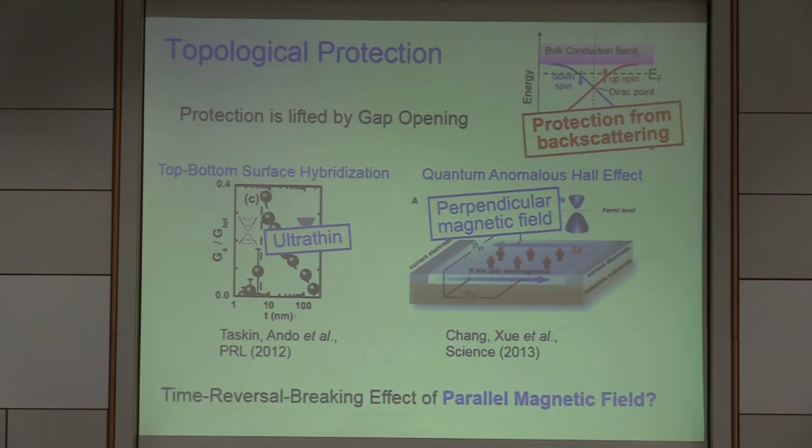So far, it has not been so well understood what the effect of the parallel magnetic field is, about its time reversal breaking effect. A parallel magnetic field naturally breaks time reversal symmetry, but to first order, its effect on the Dirac system is negligible because the magnetic field couples directly with the Pauli matrices.